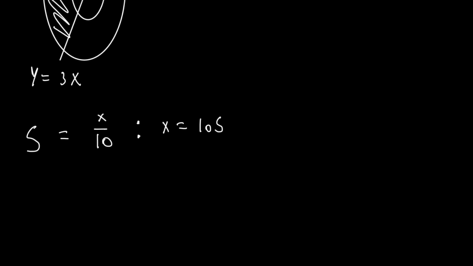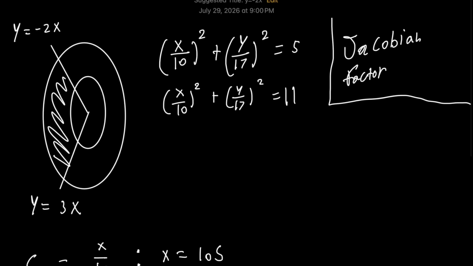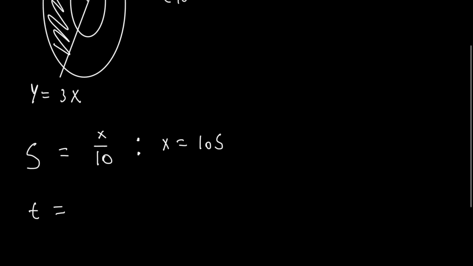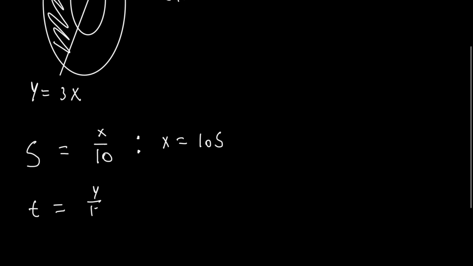And let's do t for my other variable. What do you think t is equal to? t is equal to y over 17. So moving things around, y equals 17t. Let's store this.